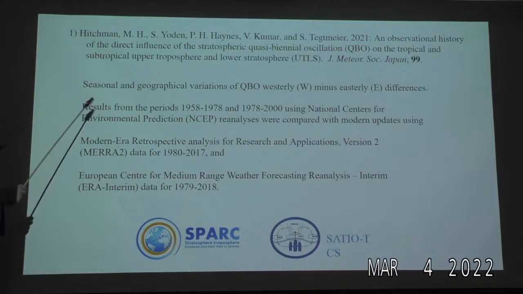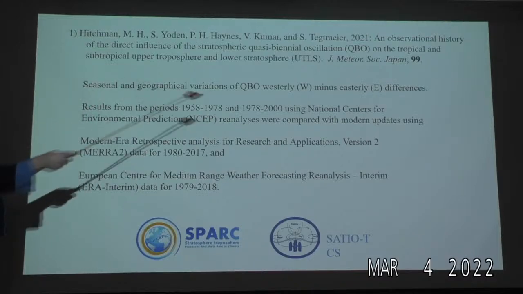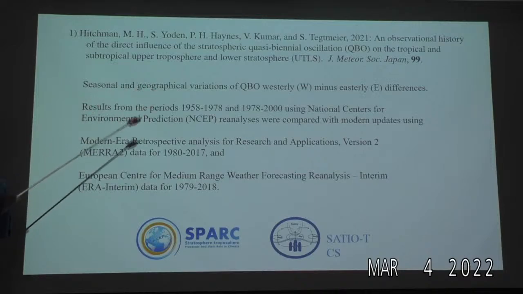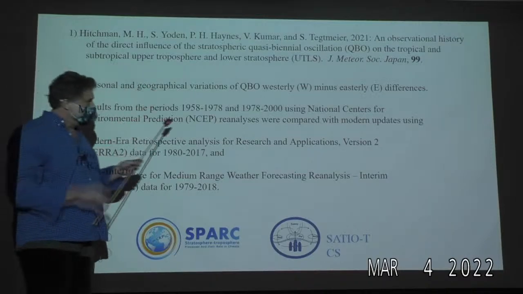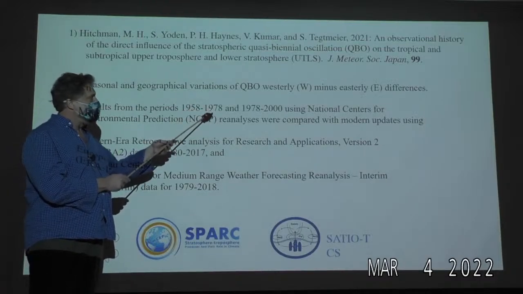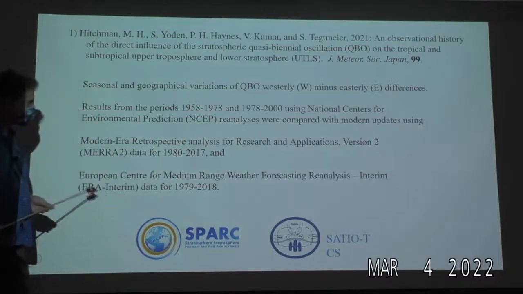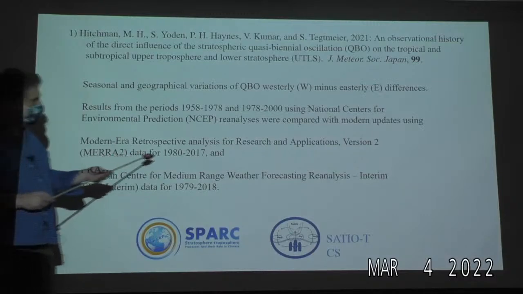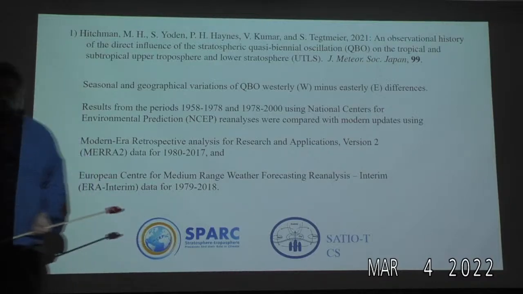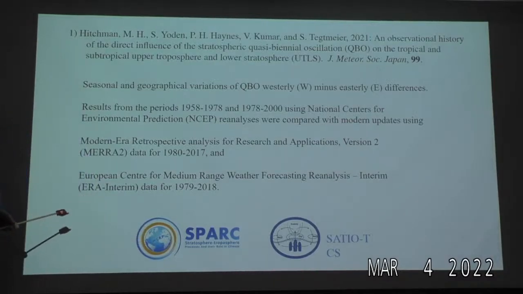So what we did is analyzed westerly minus easterly differences in QBO phase and looked at seasonal geographical variations. The first study I did was in the year 2000, and I separated NCEP data into these two time periods, but then we also used MERRA-2 data for this time period and ERA-Interim for this time period and got very similar results. So to show a couple of examples.